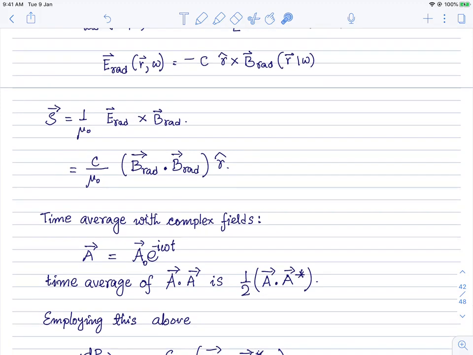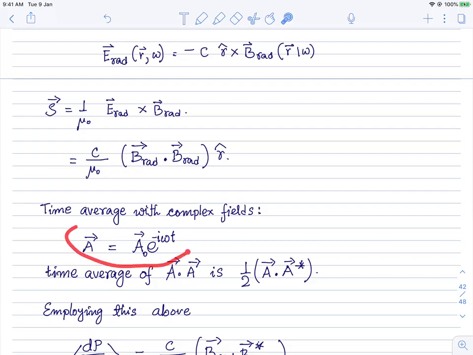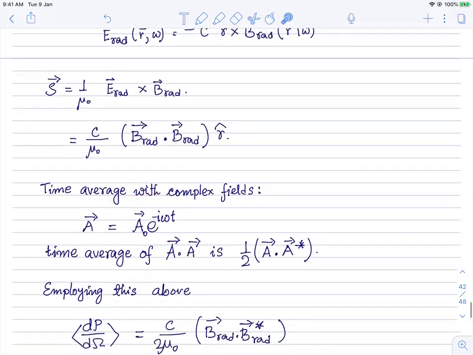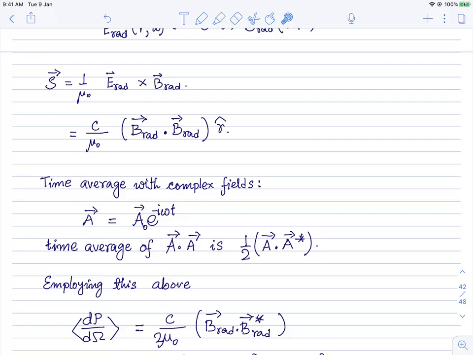If you give me a complex vector A, and I'm interested in the time averaging of mod A squared, then instead of finding A dot A, I can find A dot A star and divide by half. A dot A star gets rid of the oscillating phase, and the half is what comes from time averaging. So this is a procedure for taking the time average.